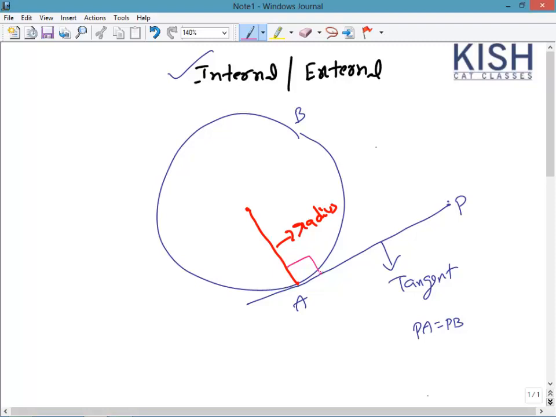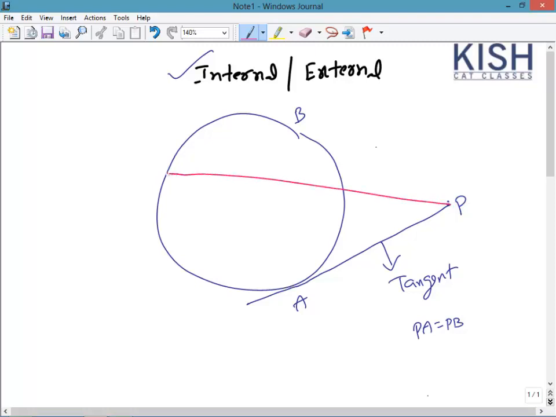The internal line is the radius; I am not taking a chord here. I will focus on the relationship between tangent and chord later, but for the time being, let's focus on radius and tangent. If you draw a tangent to the circle, it makes exactly 90 degrees with the radius drawn to the point of tangency.